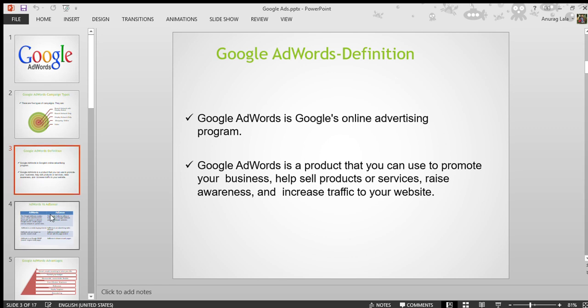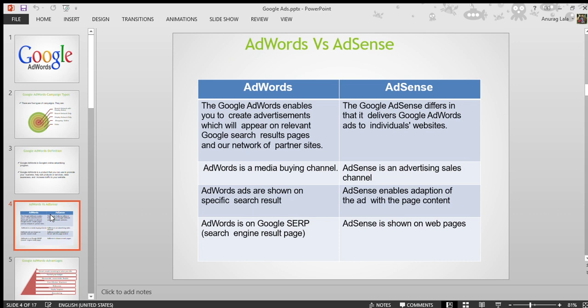Now you could have come to know about one more topic, that is Google AdSense. Please try to understand the distinction between these two, as they are really important. Google AdWords is the Google advertisement program with the help of which you, as a business, as a company, can promote your product.